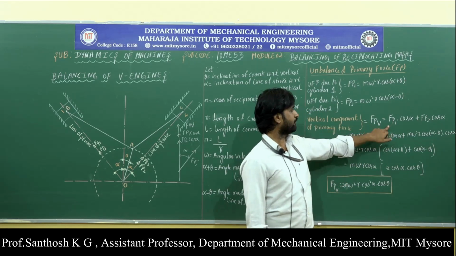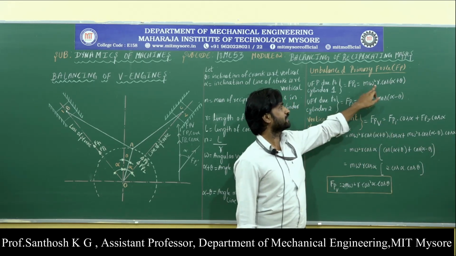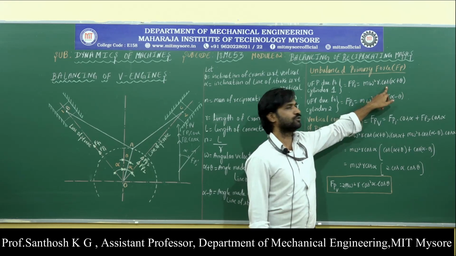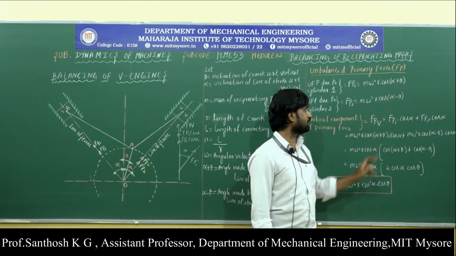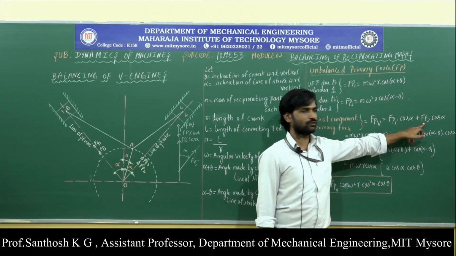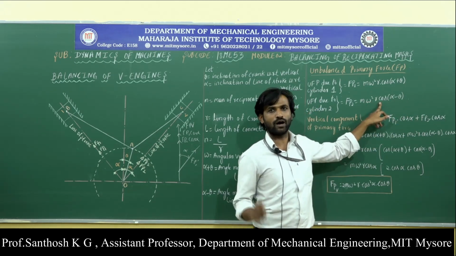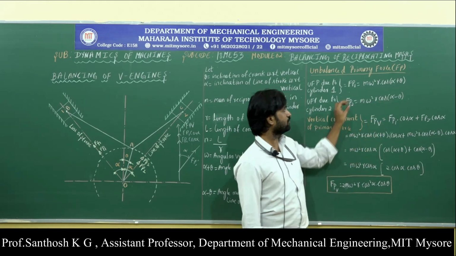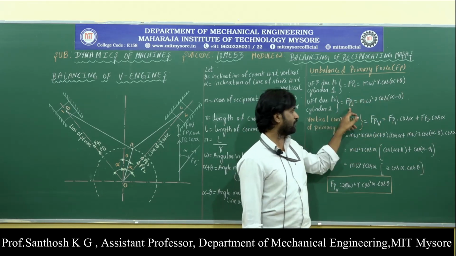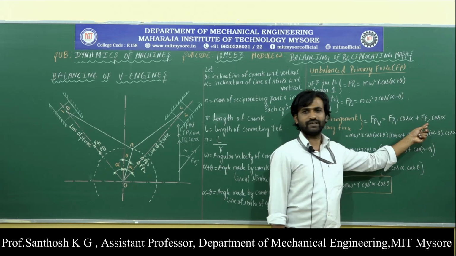And we know that the value of Fp1 is m omega square r into cos of alpha plus theta, and the value of Fp2 is m omega square r into cos of alpha minus theta. Now substitute the value of Fp1 and Fp2 in this equation.